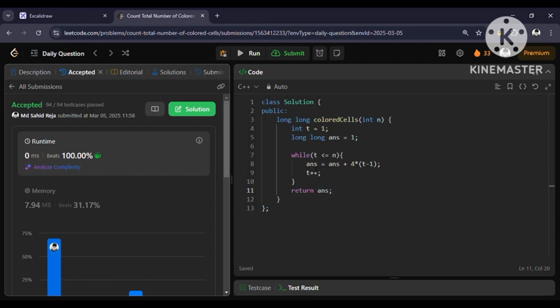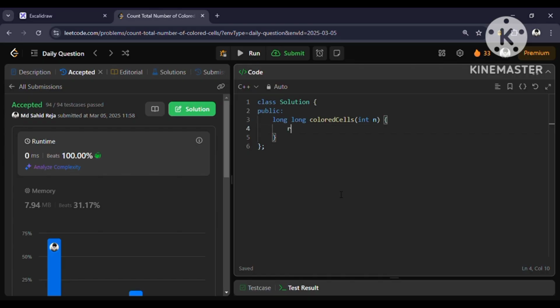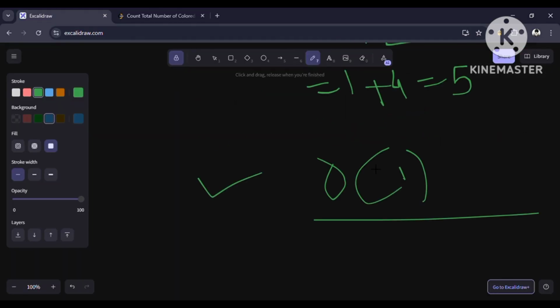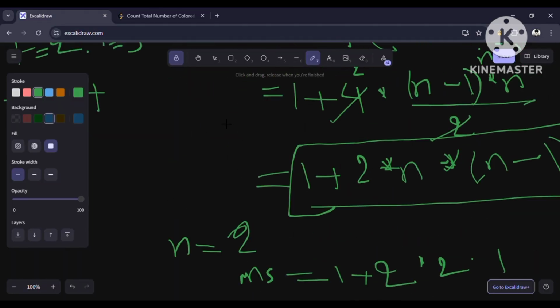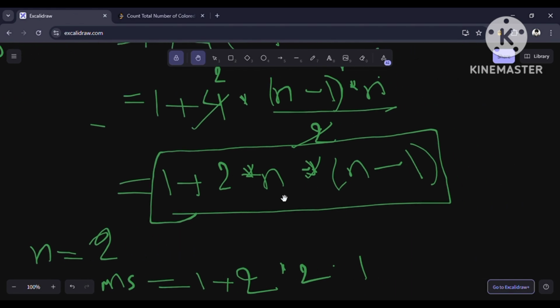So if I code that thing, it will be just a one line code, which is return. What do I have to return? What was the formula? The formula was 1 plus 2 multiplied by n multiplied by n minus 1.